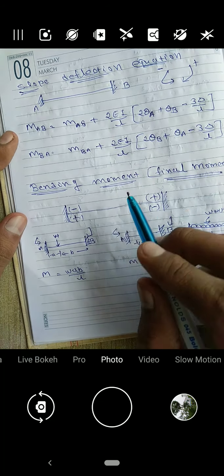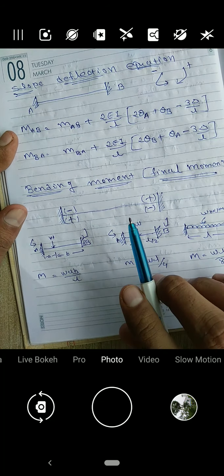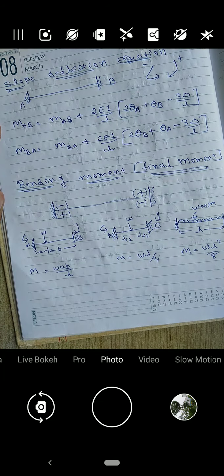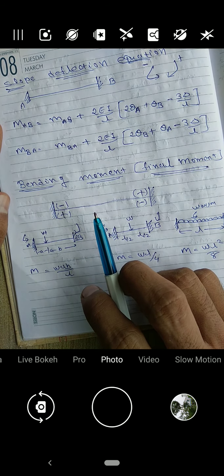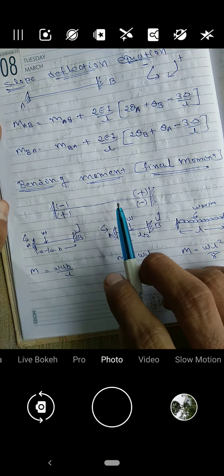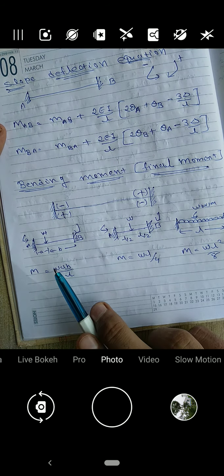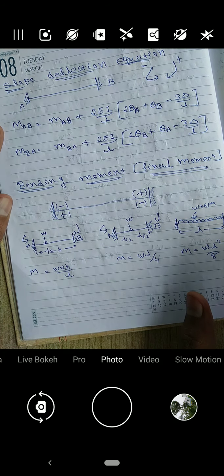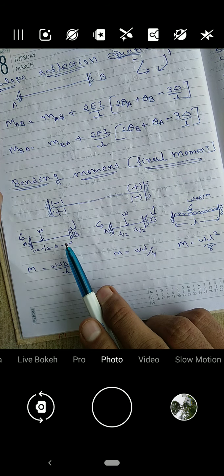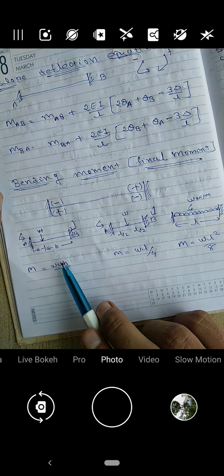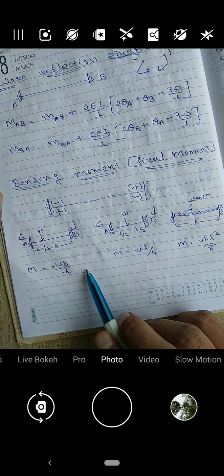Now the third and final step is the bending moment diagram. We take the bending moment for this equation. Here there will be 3 conditions. The first condition is a fixed end member with unequal distance, and the final end moment is W a b square by L square.